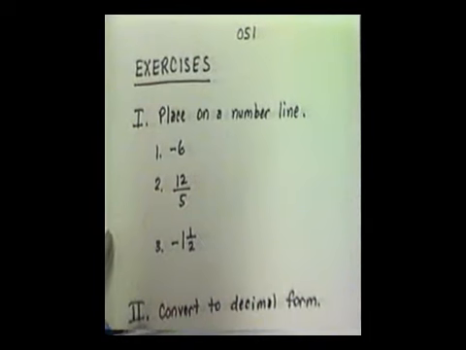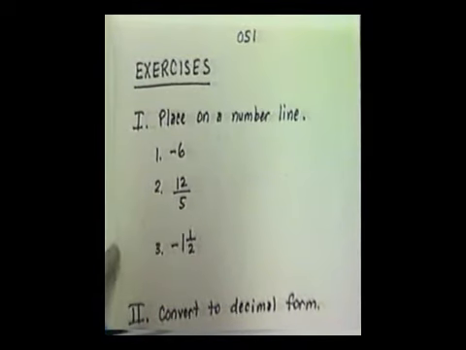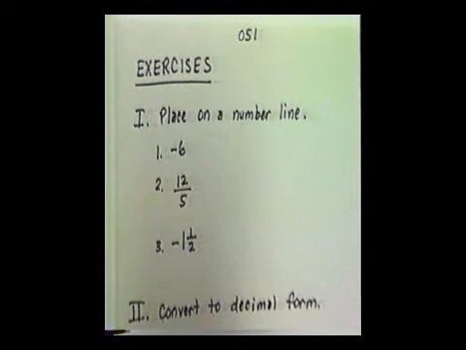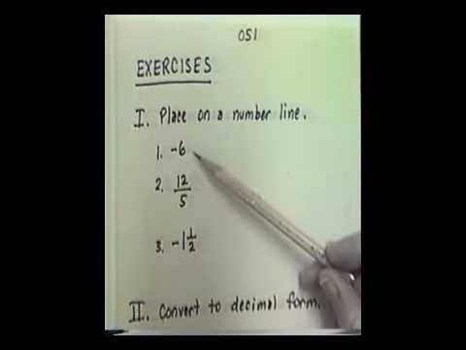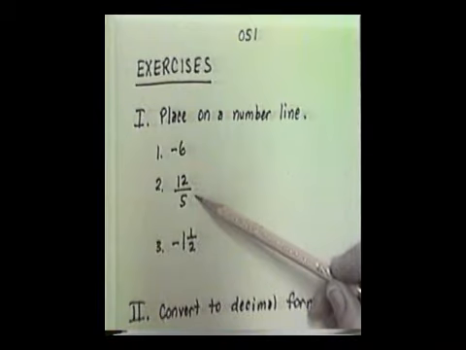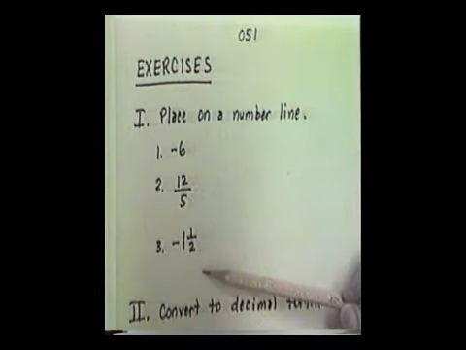Now I have some exercises for you to do. Copy the problems down, stop the tape, work the problems, and then turn the tape back on to check your answers. We've got 2 groups of problems. First is to place on a number line negative 6, 12/5, and negative 1 1/2.